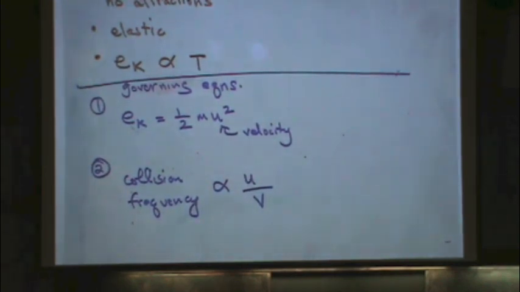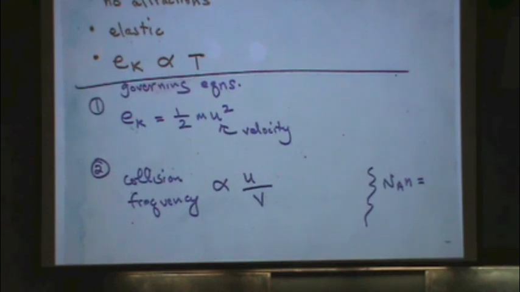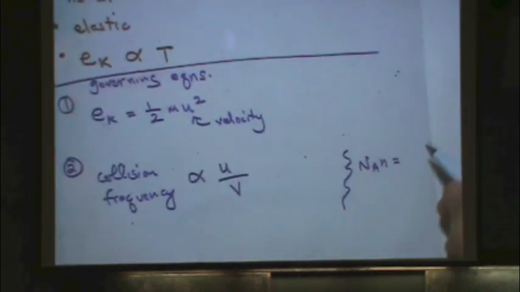Let's make a little side note here. You remember Avogadro's number, and in this chapter, moles is represented by lowercase n. So Avogadro's number times lowercase n, moles. What's left if I multiply moles by Avogadro's number? Atoms or molecules.